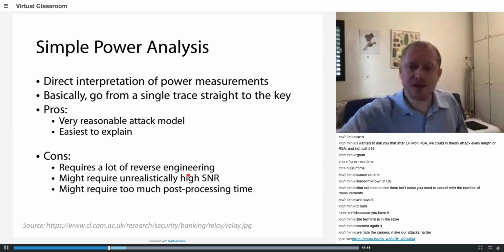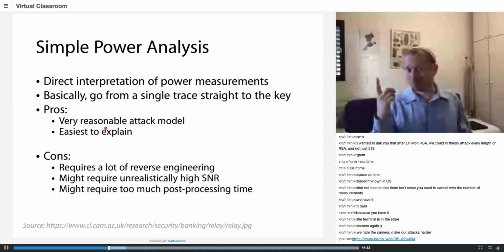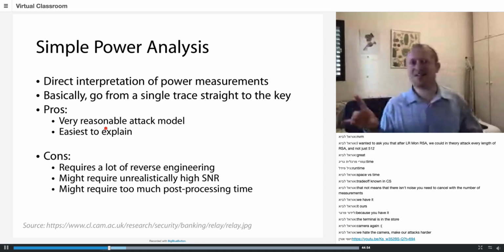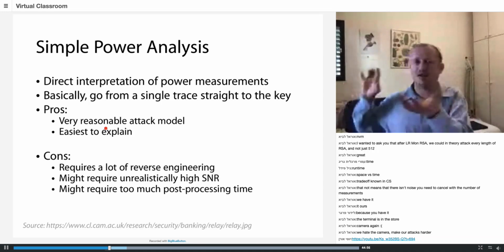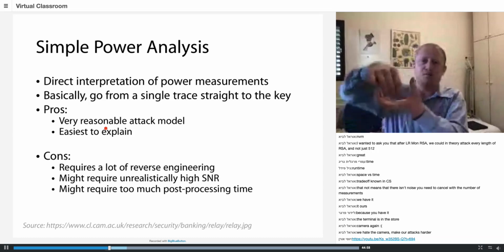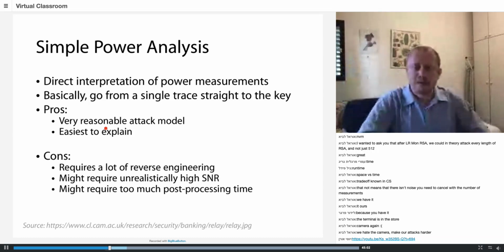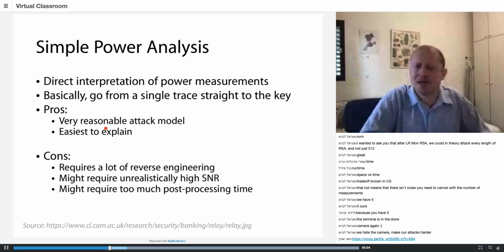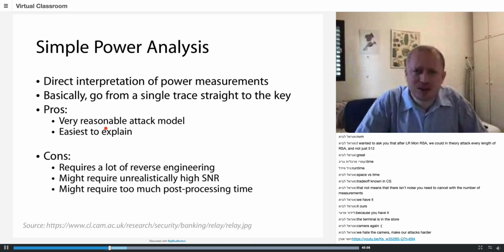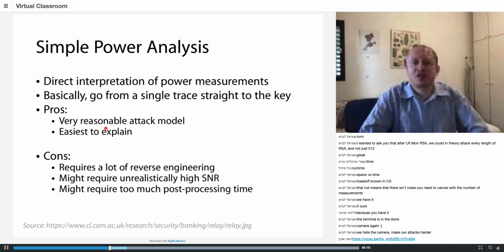And another thing is you might need a really good signal-to-noise ratio. What does that mean? I only get one measurement, right? So let's say I have this amazing machine that you feed in this measurement, and look, out comes the key. I get 128 bits of key. Let's say it's a 128-bit key, a 16-byte key.